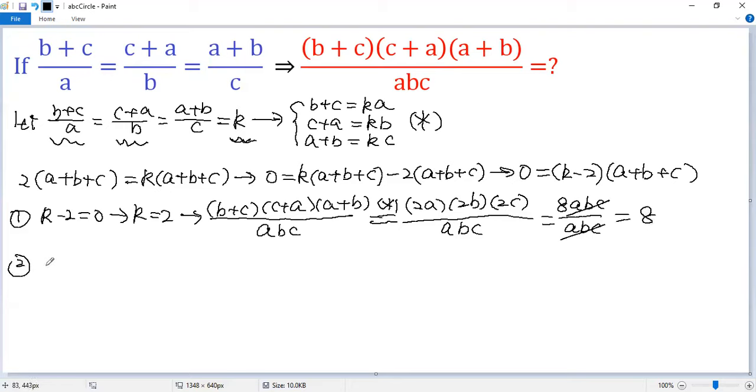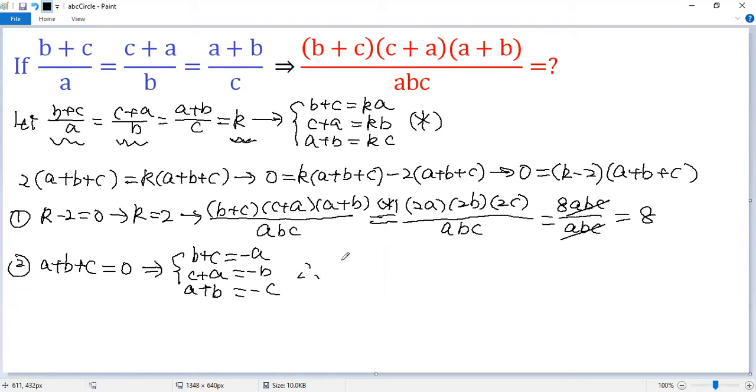For the second case, if a plus b plus c equals 0, then we get b plus c equals negative a, right? Similarly, c plus a equals negative b, and a plus b equals negative c.